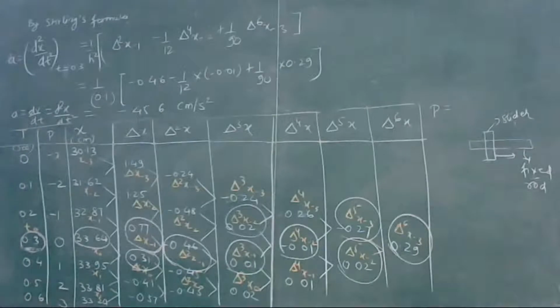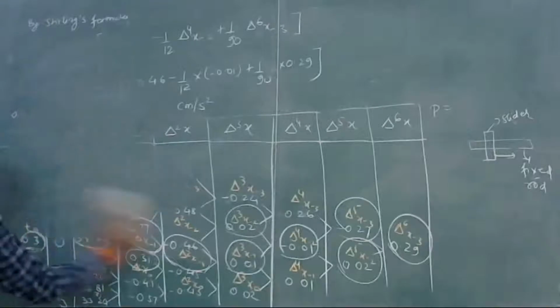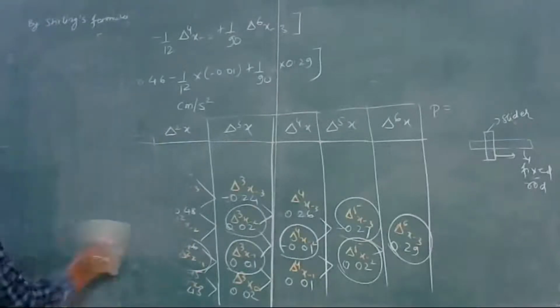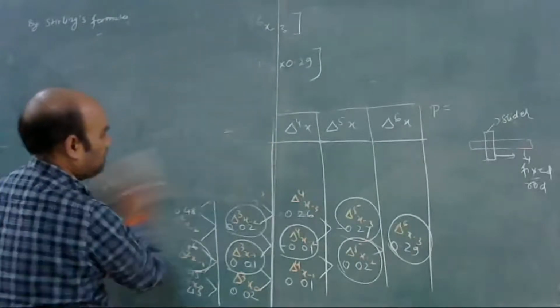Okay. Now you can find this derivative by using the second method, that is Bessel's formula. So you can find the value of the derivative using Bessel's formula as we did for Stirling's formula.